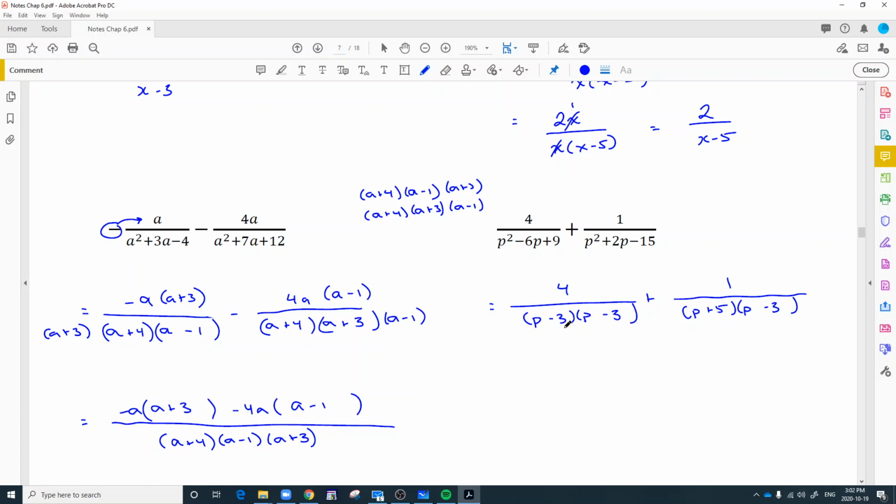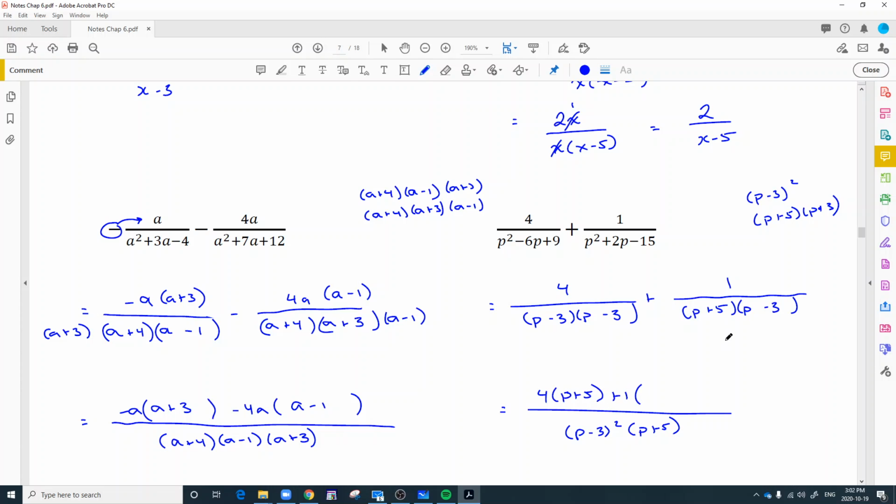So my common denominator, if you look at it, you've got a P minus 3 all squared, and then your other term has P plus 5 and P plus 3. So your common denominator is going to be P minus 3 all squared and a P plus 5. So for this one, it needs to be multiplied by that P plus 5.